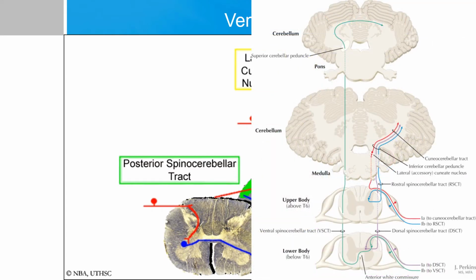And notice from the summary slide before that there is also another tract that we talked about, the rostral spinocerebellar tract, which is the upper extremity equivalent of the ventral spinocerebellar tract. But it is an ipsilateral system, and instead of going through the superior cerebellar peduncle like the ventral spinocerebellar tract, the rostral spinocerebellar tract will go through the inferior cerebellar peduncle.